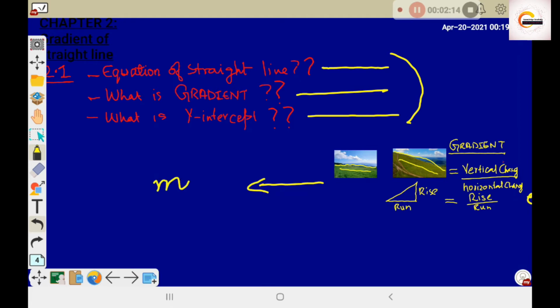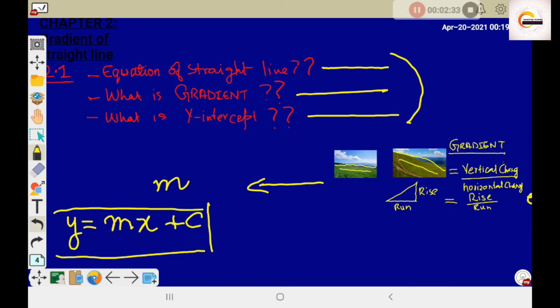m. Alright, and we can write this m in the straight line in the form of the equation y equals mx plus c. We have discussed this before, the equation of the straight line.